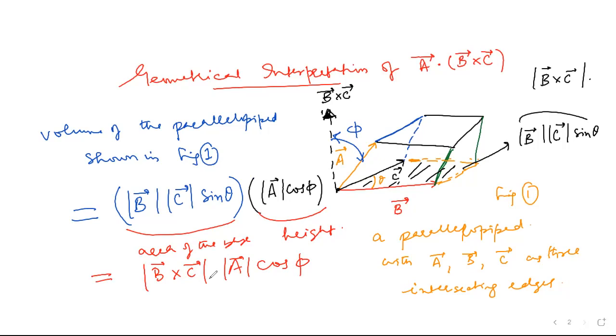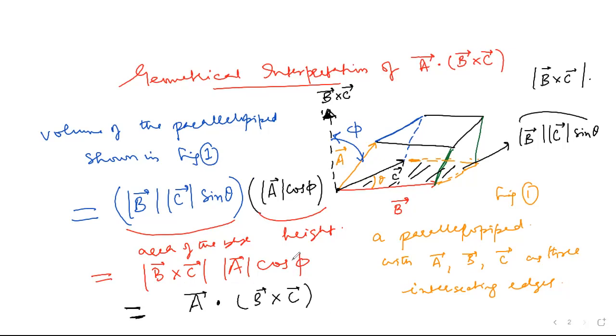You can see from the definition of dot product, it is simply the dot product of A and B cross C. So I can write it A dot B cross C. Right?